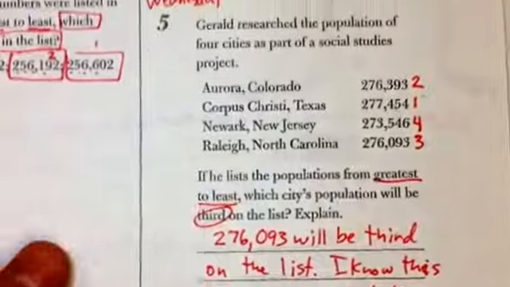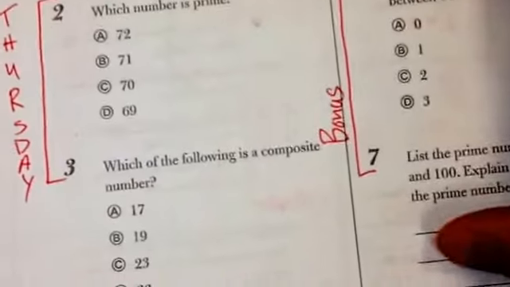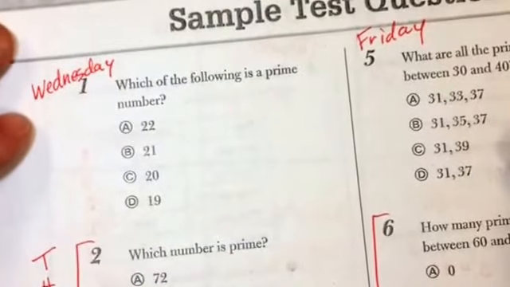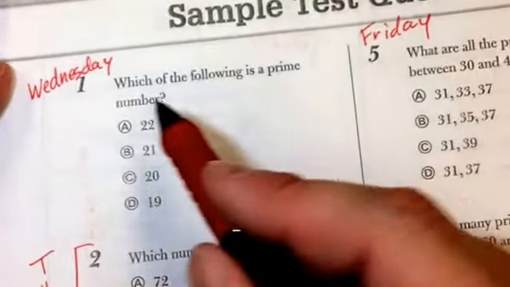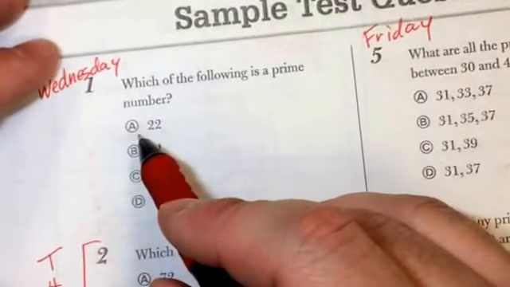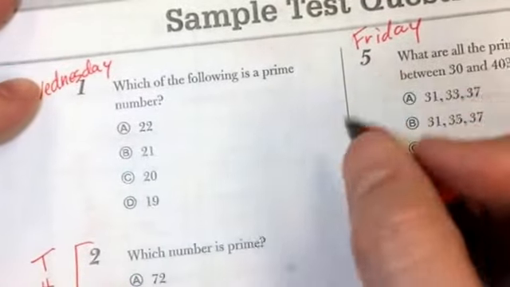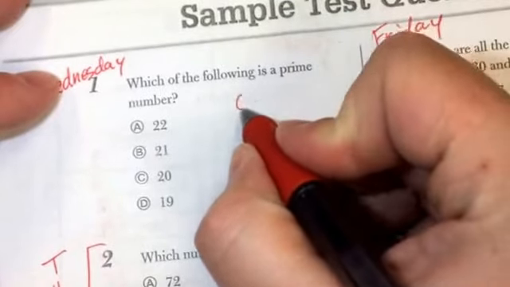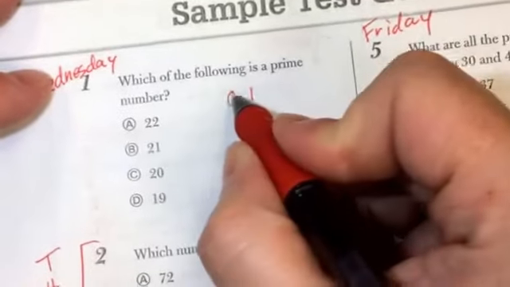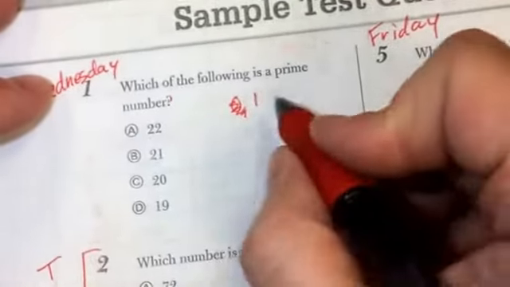All right, and then let's go ahead and take a look at number, I know I said 5 and 6. It is actually number 1 here on the back here. So, which of the following is a prime number? 22 is not a prime number because remember, prime numbers can only be divided by 1 and themselves.